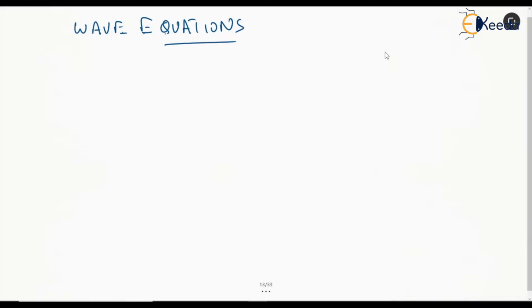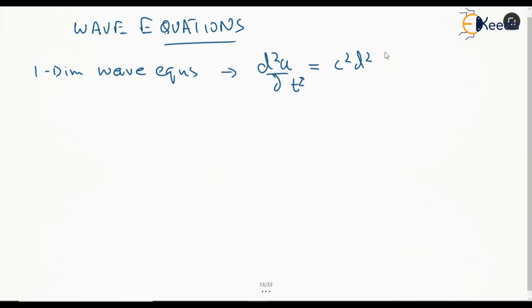So this one-dimensional wave equation is given by d2u by dt square is equal to c square times d2u by dx square.